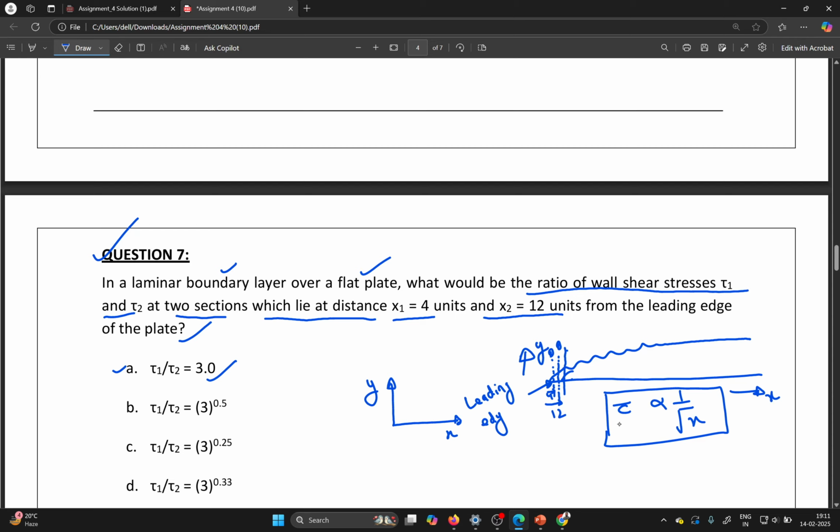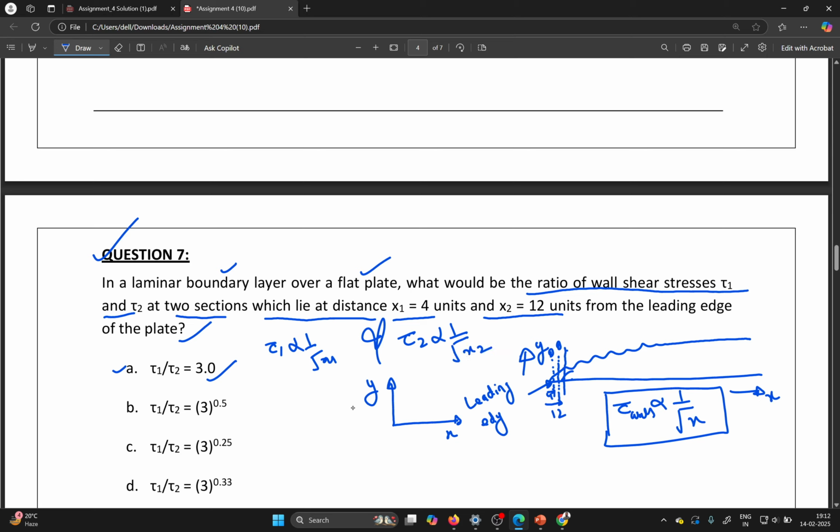Wall shear stress is directly proportional to 1 by root x. So here we have two distances. For tau 1 it will be 1 by root x1. For tau 2 it will be 1 by root x2.